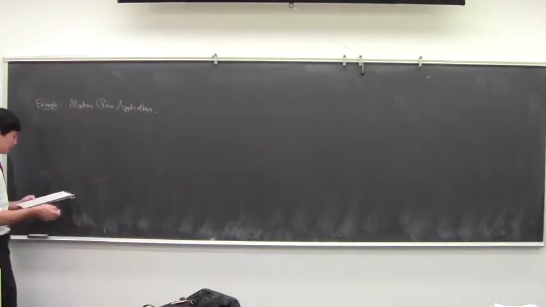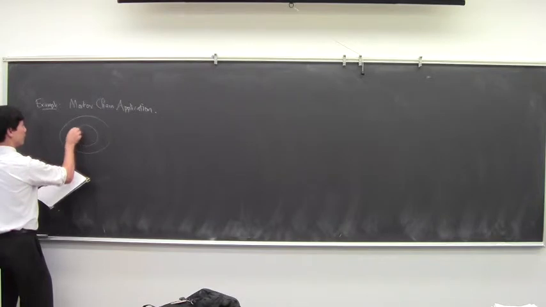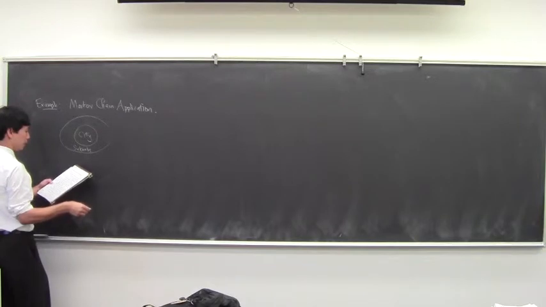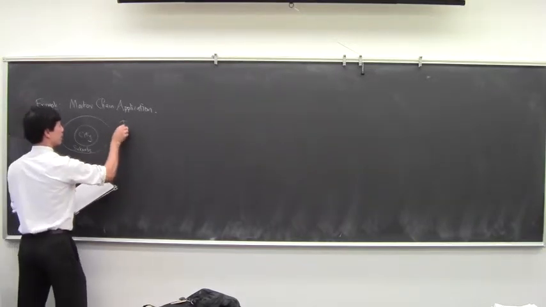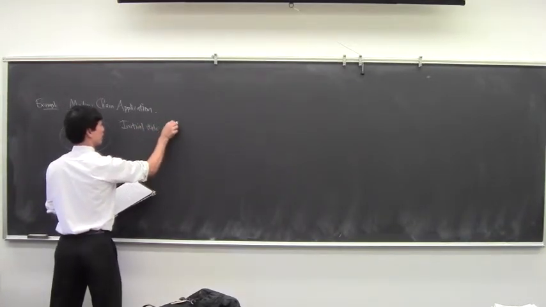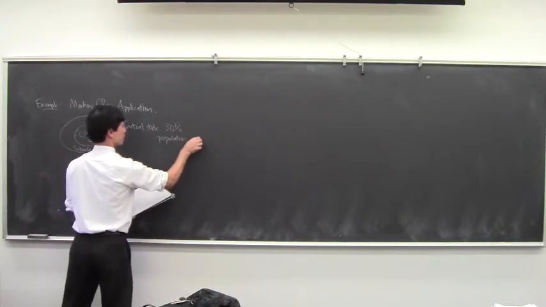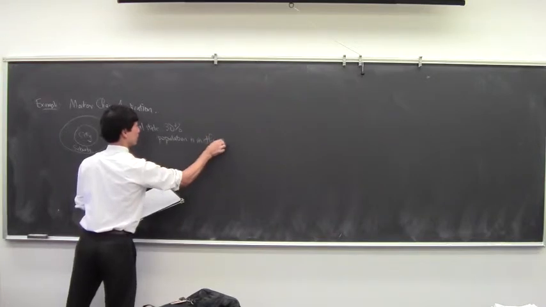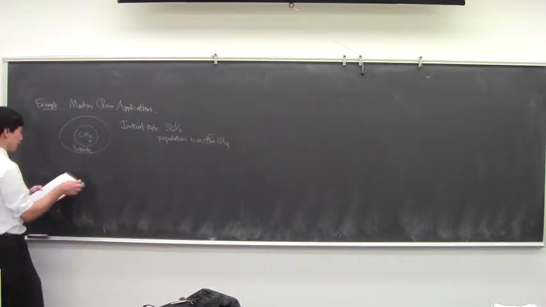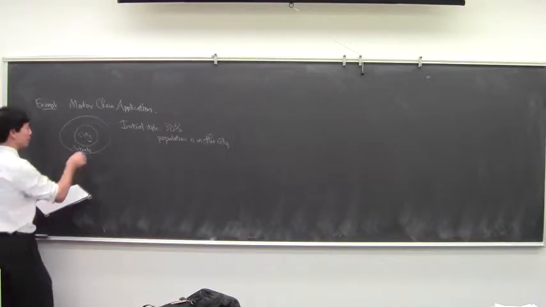Okay. So here's a system. There's a place. It has a city. It has suburbs. Initially, 30% of the population is in the city. So it starts off with 30% of the population in the city, and every year, let's say at the very beginning of the year, something happens.